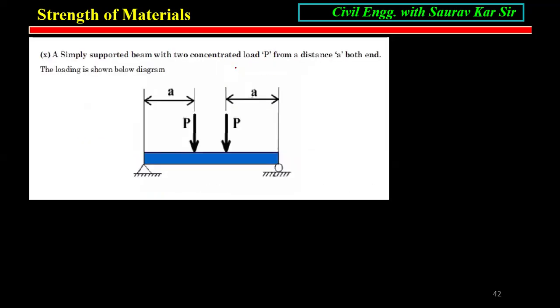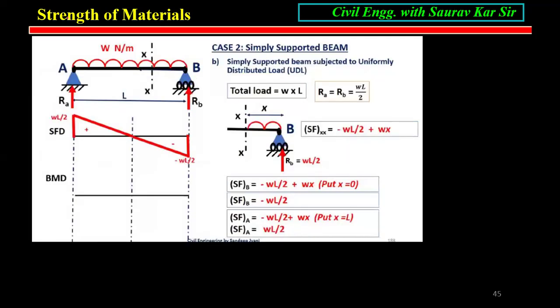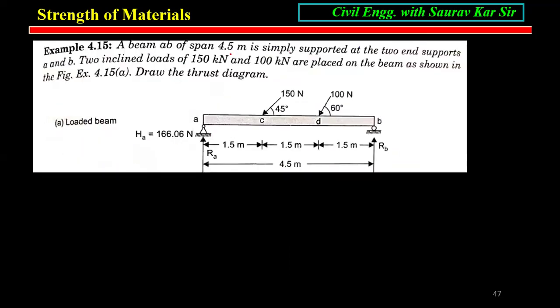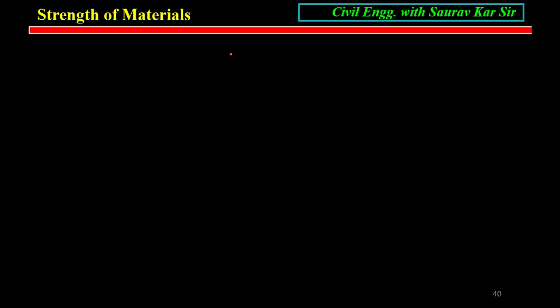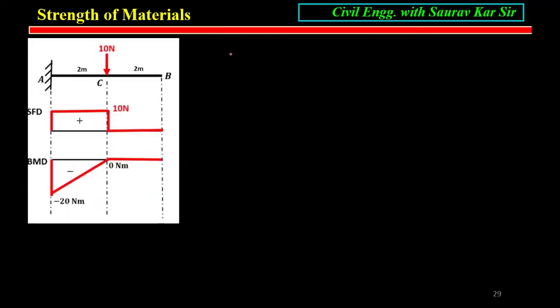Then UDL, simply supported with UDL. And simply supported with 2 points. These are all standard things. So whenever I teach you and send you the question PDF, please make a chart of the formula.